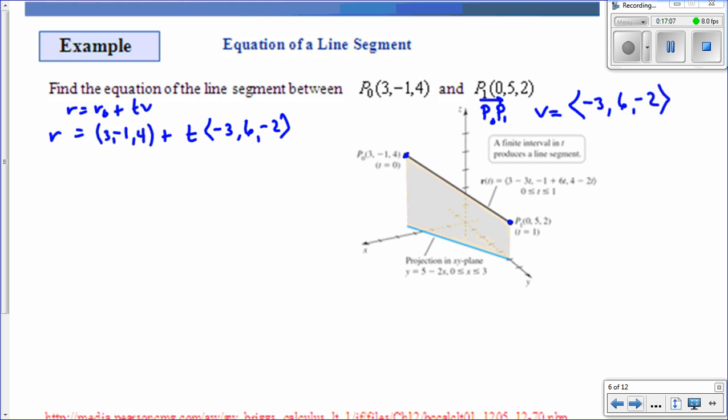And now, notice that if I want to look at just the points on that line segment, I need to limit the values of t. If t goes from minus infinity to infinity, you would be talking about the entire set of points passing through that line, including extending on down in both directions. But if we just want to stop and start at these 2 points, then we need to limit the values of t.